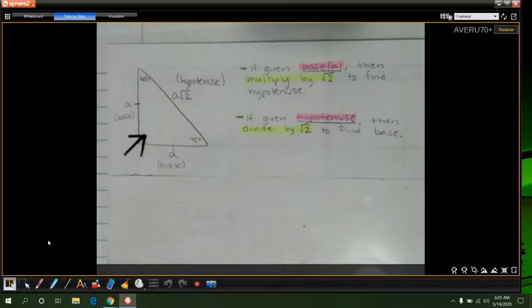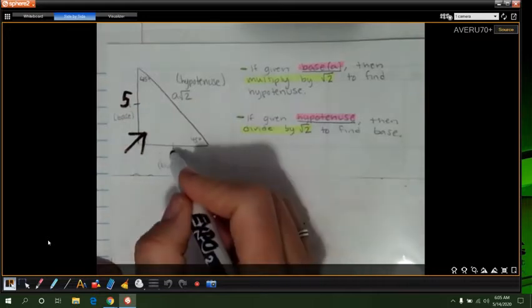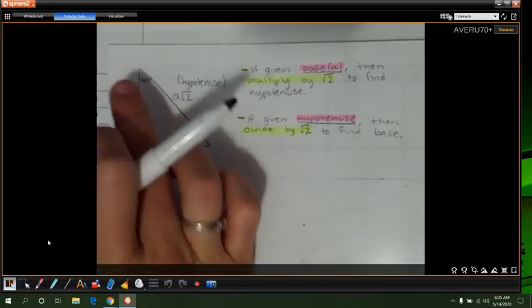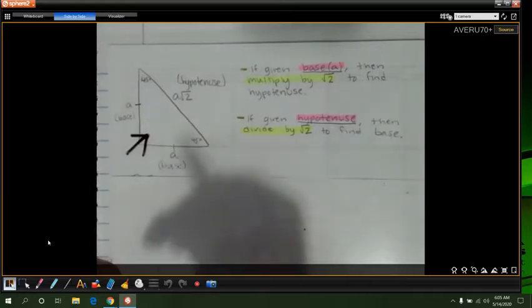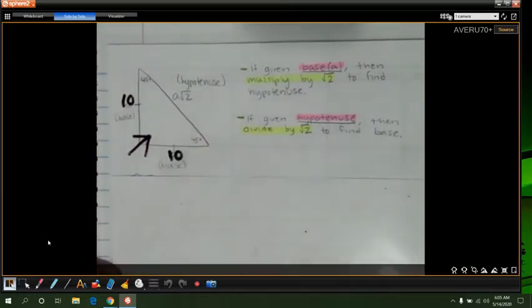So that can be really nice because if you know that this base is 5, you automatically already know that this base is 5. I can keep on going through lots of numbers there, but what you need to know is if you know this base, you automatically always know the other base. And they're both labeled base because you can change the direction of the triangle, but those are still your bases.